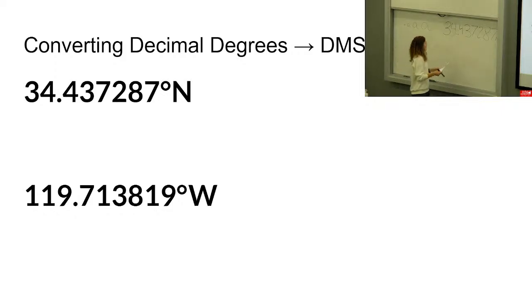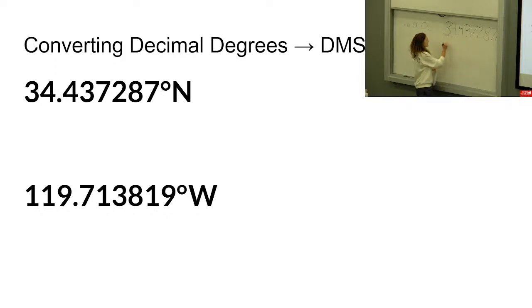Okay. Alright, so we are working on converting decimals into minutes and seconds. So here the trick is to multiply. What we did before was divide. Now we're multiplying. So always leave the degree, whatever is in front of the decimal, the same. We don't change it. It's going to be the same in the final answer. So we're leaving our 34 alone, and we only want to work with just what's behind the decimal point.